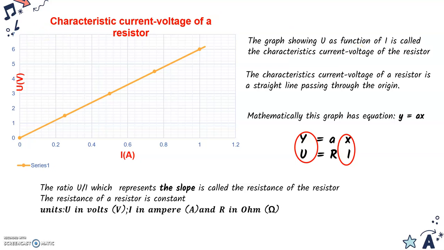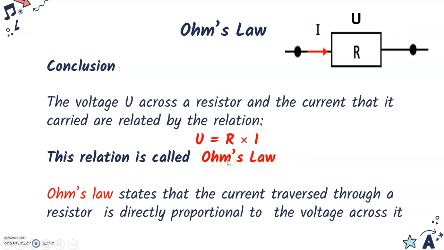So if I have a resistor and I want to draw the graph showing the variation of the voltage and the current through this resistor, I necessarily get a straight line passing through the origin. This is the straight line equation, y equal ax. A in math is the slope. In physics it will be the resistance, and this is Ohm's law.